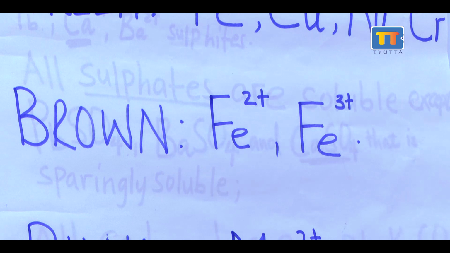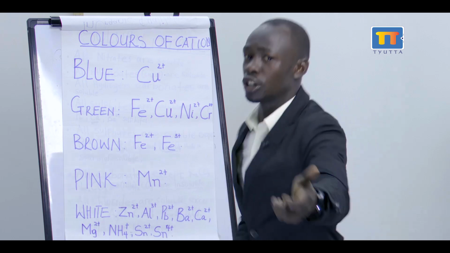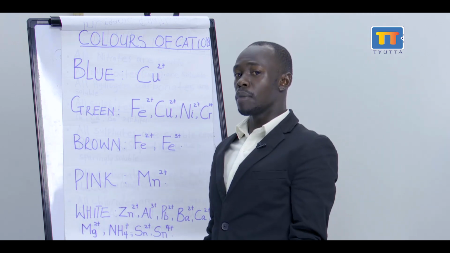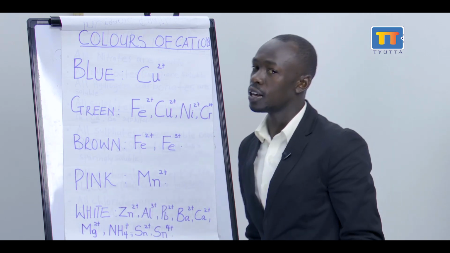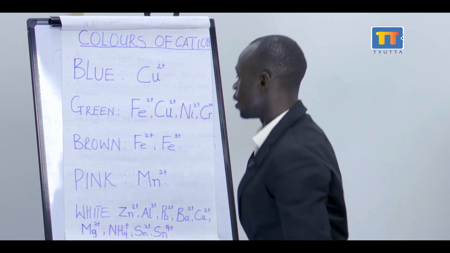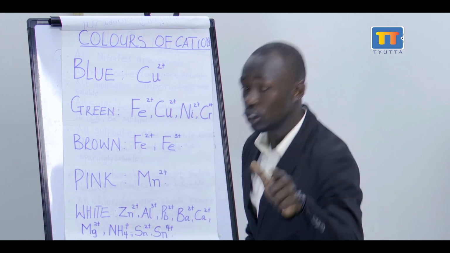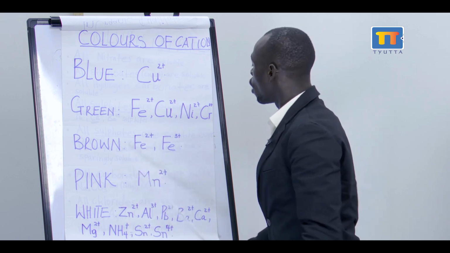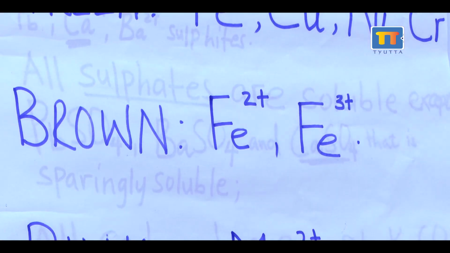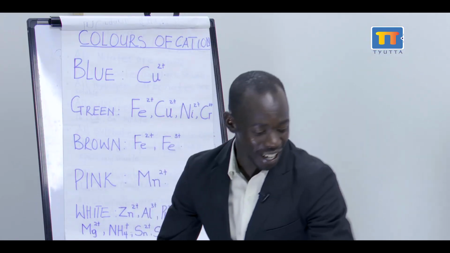Iron 2 also tends to be brown on early oxidation. So don't reach in the laboratory and see brown and only think about iron 3. Iron 2 can also happen. Don't forget that. So iron 2 and iron 3 can be 2 of the cations which can have a brown color.